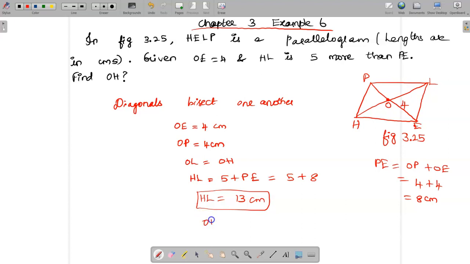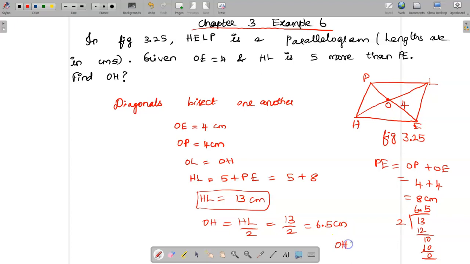It is HL by 2, because it is dividing that value into two equal parts, which is 13 by 2. Divide 13 by 2. Six 2s are 12, so the balance is 1. Then 0 here, 5 2s are 10. Which is 6.5 centimeters.